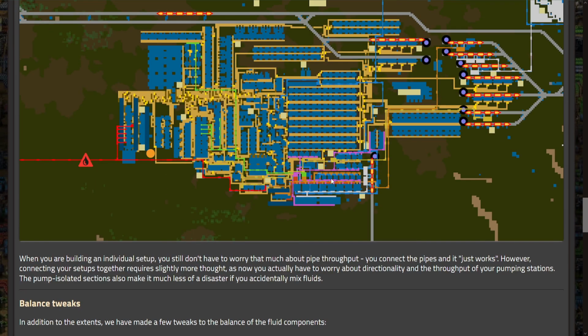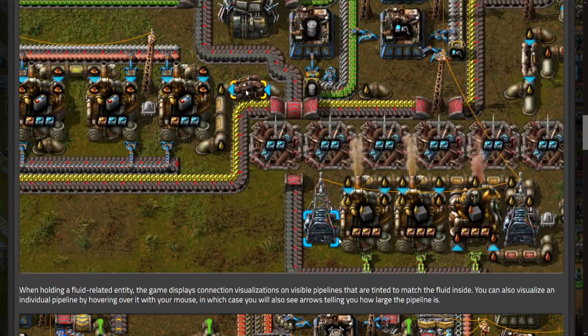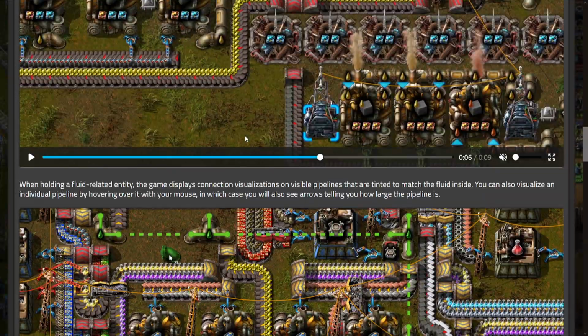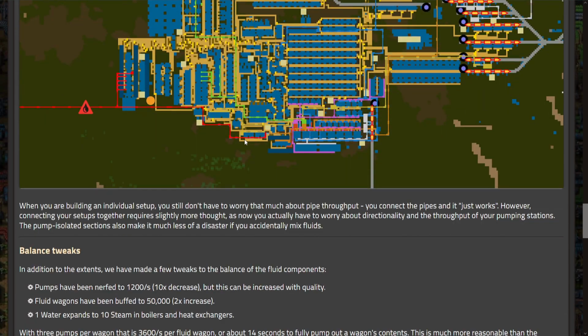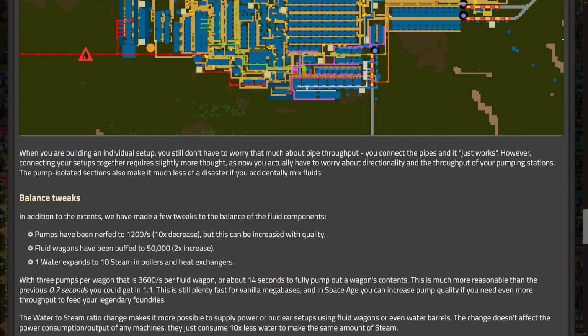So when you build any individual setup, like any kind of cracking plant for light oil or any plastic factories, you don't really need to worry about the 250 by 250 extent border that they introduced. And I guess it's only relevant if you want to connect large distances within the factory.